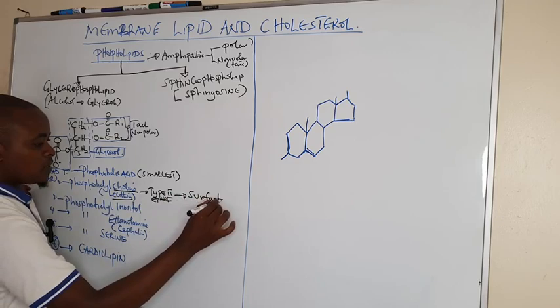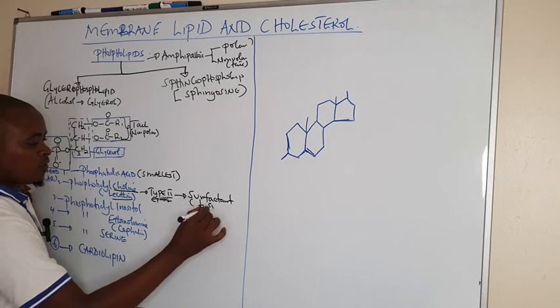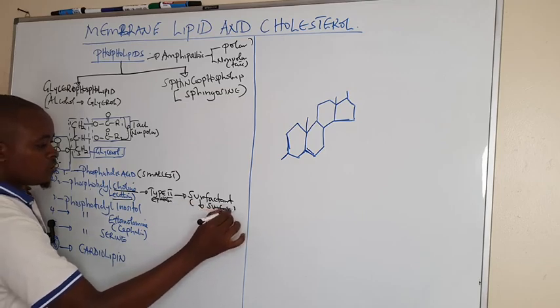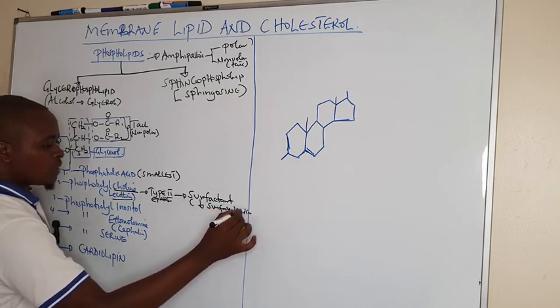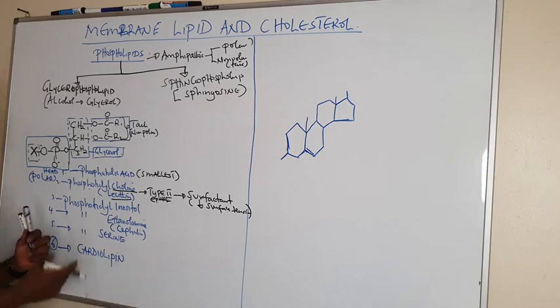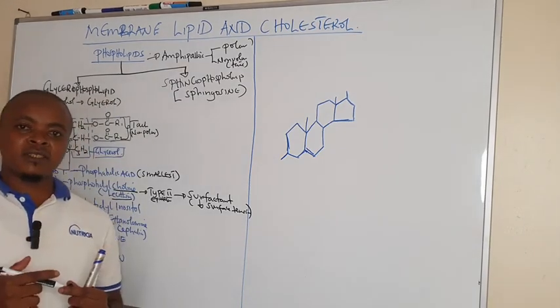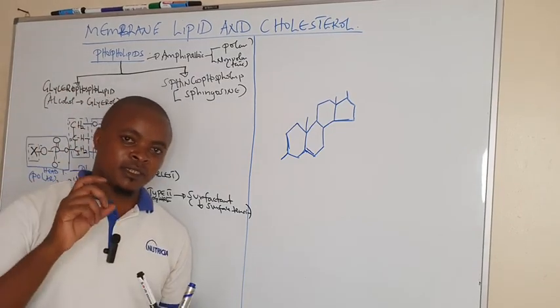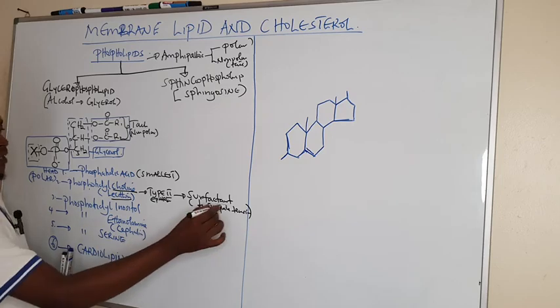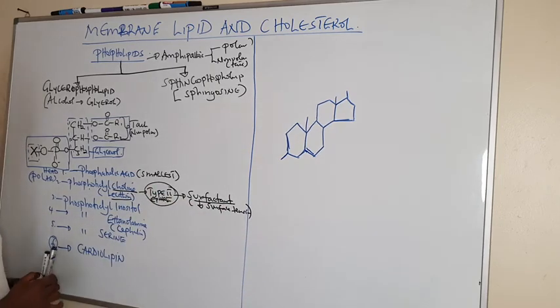This one acts as a surfactant by reducing surface tension during expiration and inspiration. So the function of phosphatidylcholine in the lungs is to reduce surface tension by acting as surfactant, and it is produced by type 2 epithelial cells in the lungs.